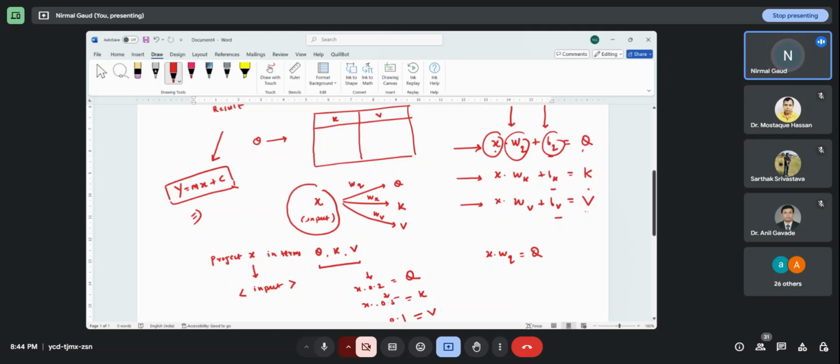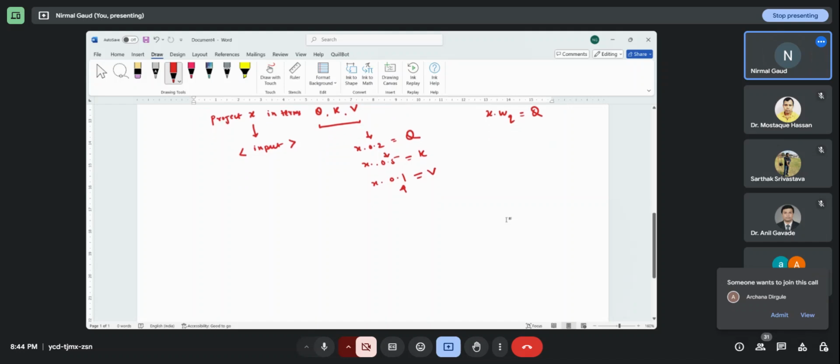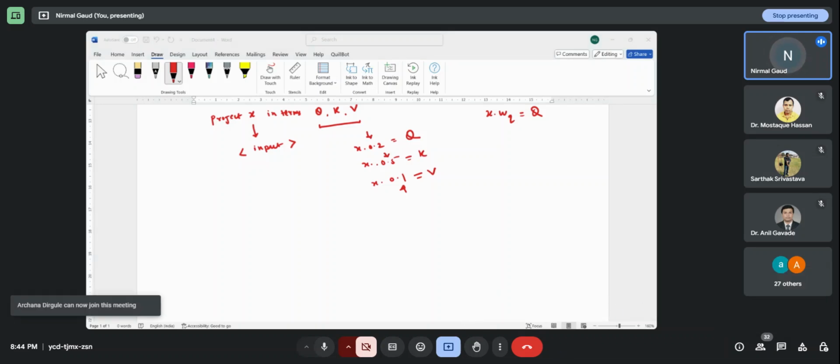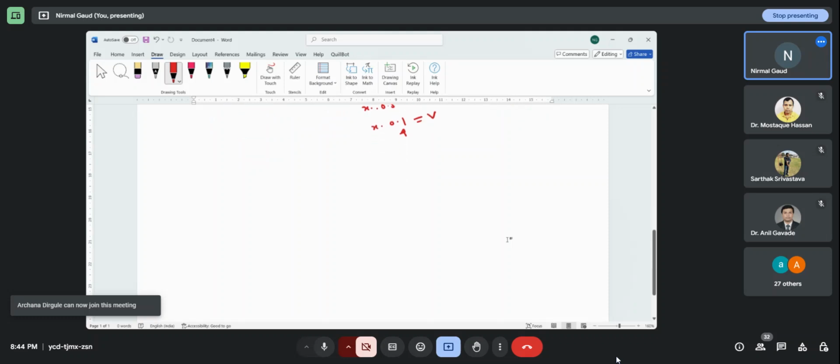Now what you have to do after having Q, K, and V? I told you that you can perform a dot product, that means Q dot K transpose.